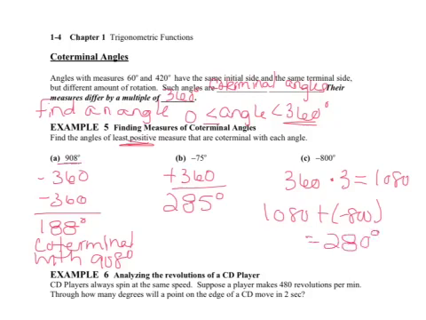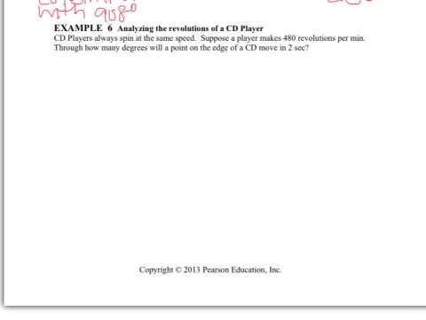In A we had to subtract because it was positive. Well, in B and C we had negative values, so we had to add the 360 degrees.